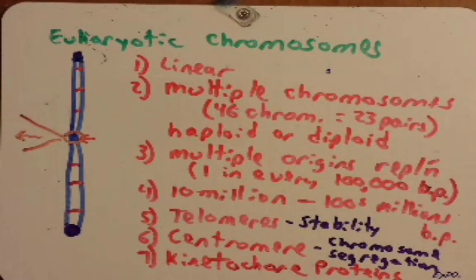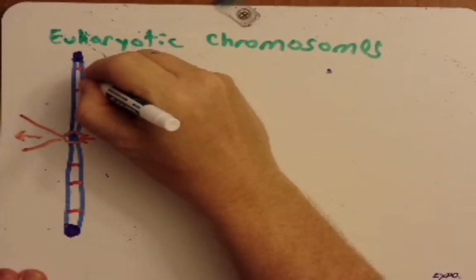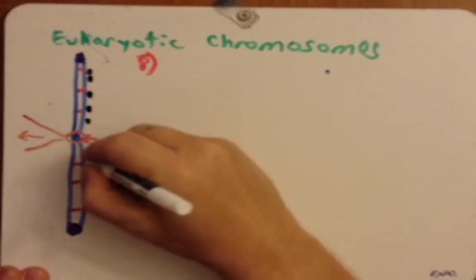Now there's a few more things I want to talk about with this eukaryotic chromosome, so I'm going to erase what we have here and start with number 8. I'm going to draw these little dashes here to signify genes on this chromosome.